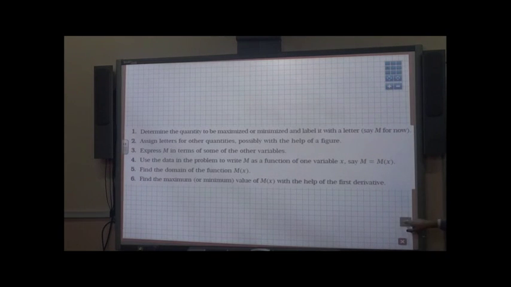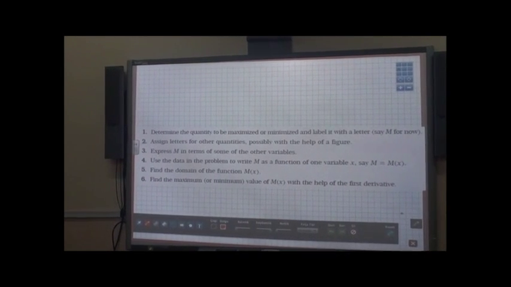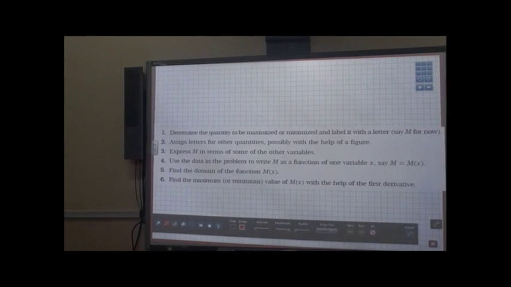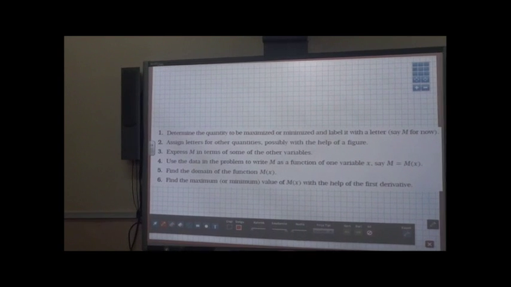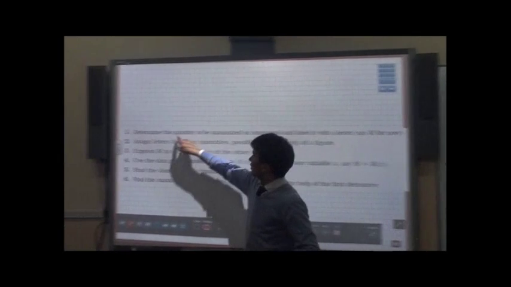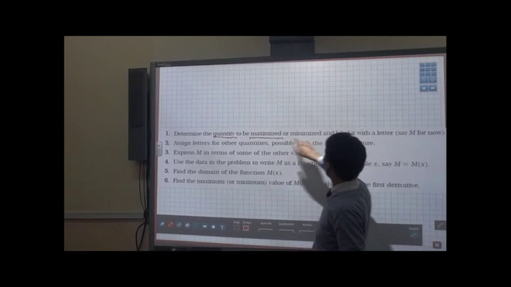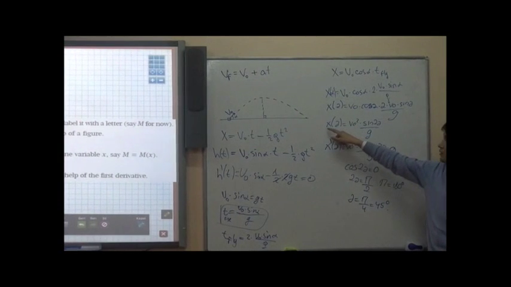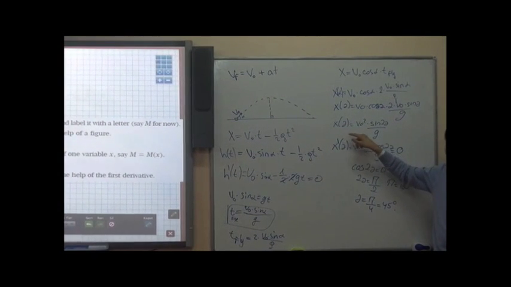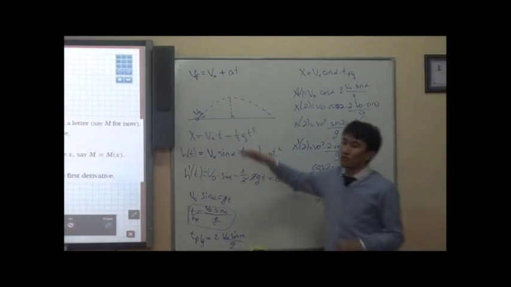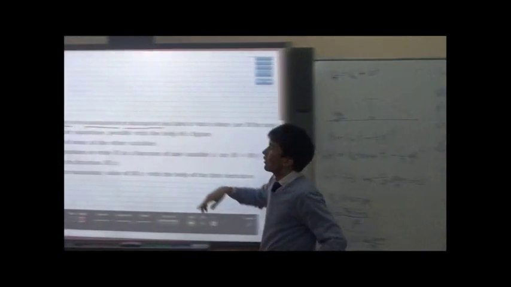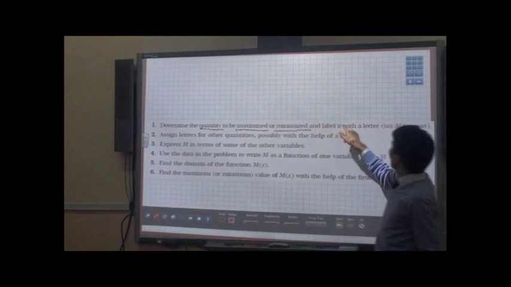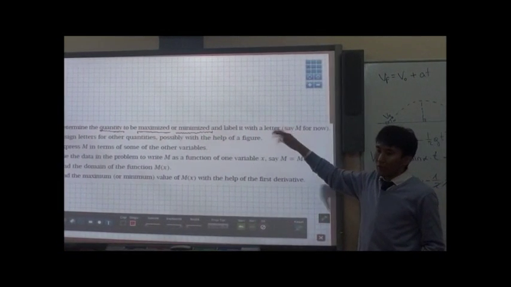The first rule is to determine the quantity to be maximized or minimized and label it with the letter M, the quantity that I want to maximize or minimize. In this task, it was the height and the horizontal distance, and this is the quantity I want to maximize.